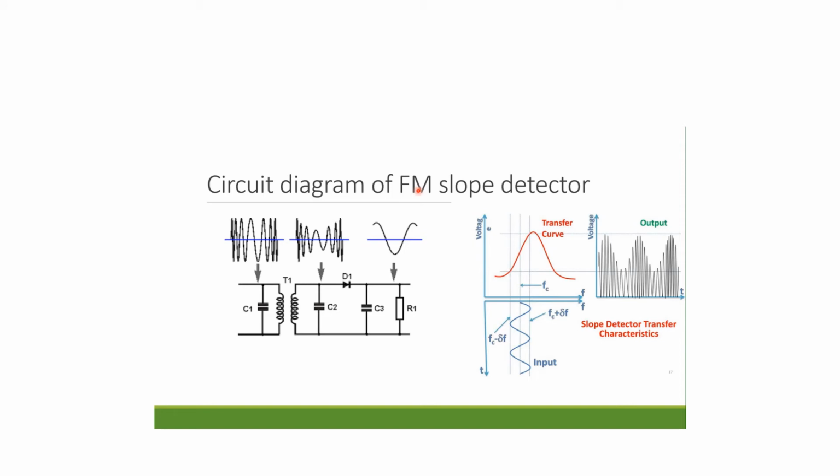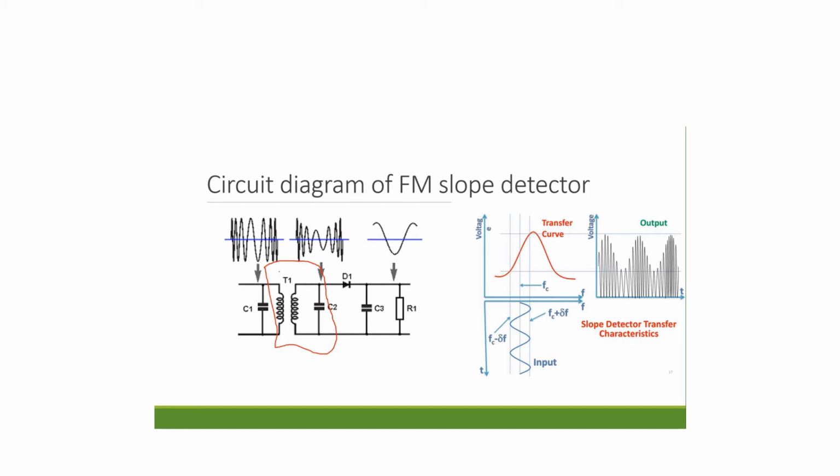This is the circuit diagram of FM slope detector. Here see, in this circuit diagram we are providing FM signal as an input to the circuit. Then this is one tuned circuit, which is followed by an envelope detector.